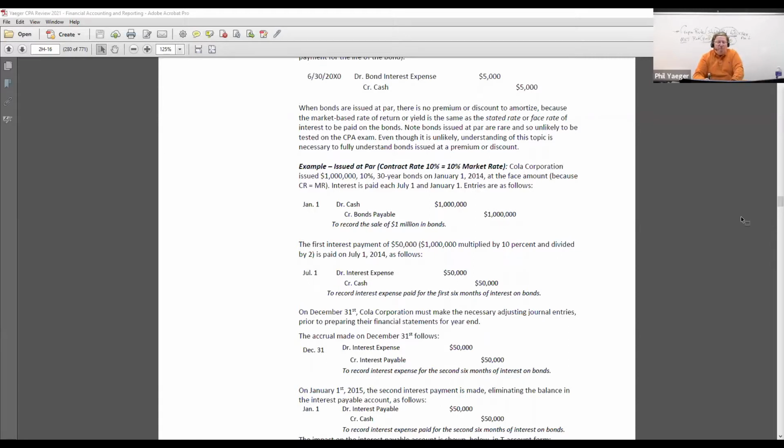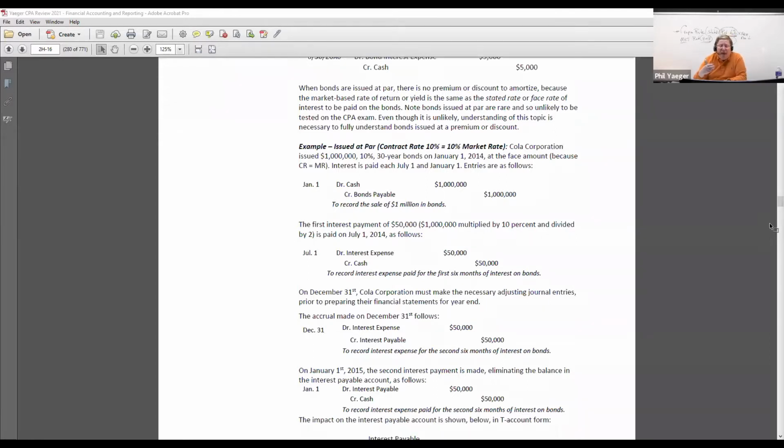Now, on December 31st, you must make an accrual entry because at December 31st, the corporation owes 6 months of interest, right? The corporation had the use of someone's money for 6 months. And how much money have they had the use of?